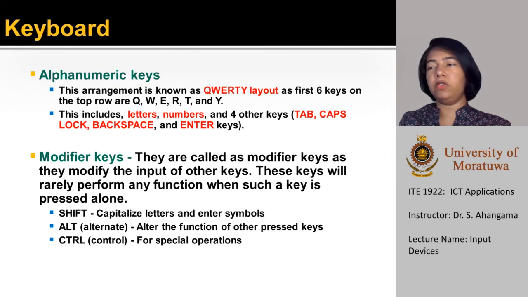Alternate key is used to alter the function of other pressed keys. For example, Alt plus Tab switches between the currently open windows, while just pressing the Tab key will advance the cursor to the next tab stop.